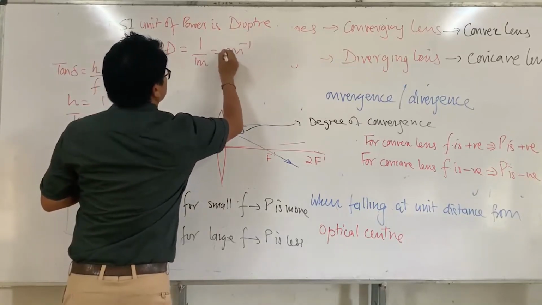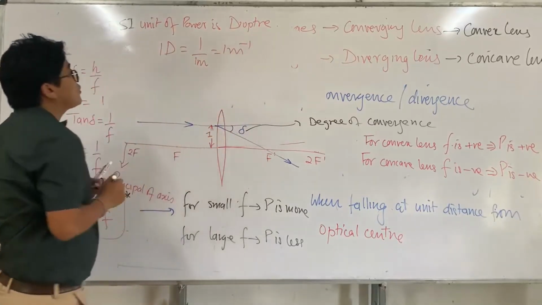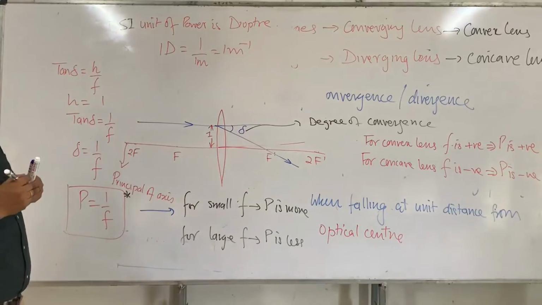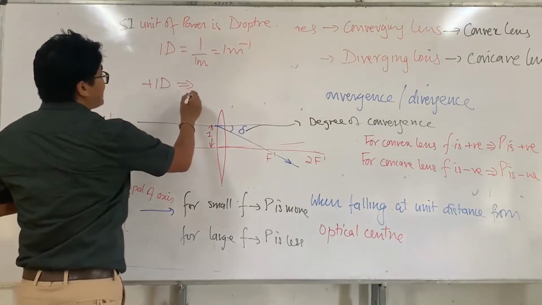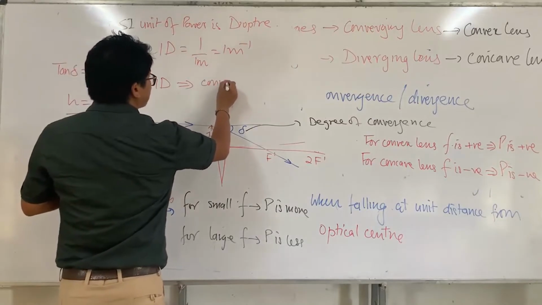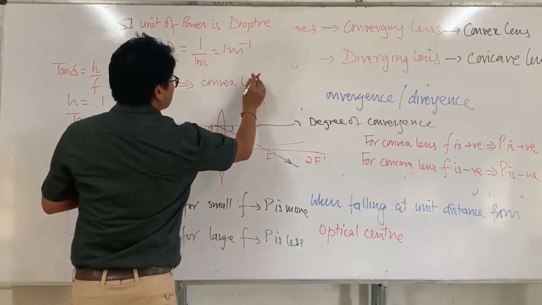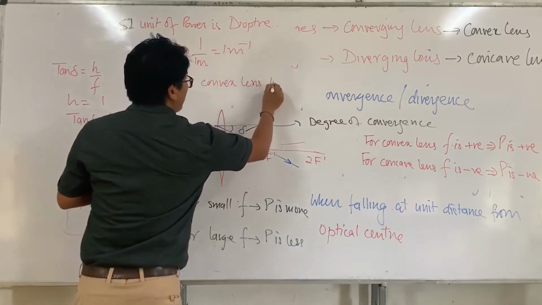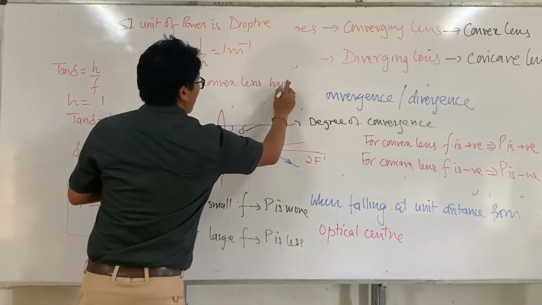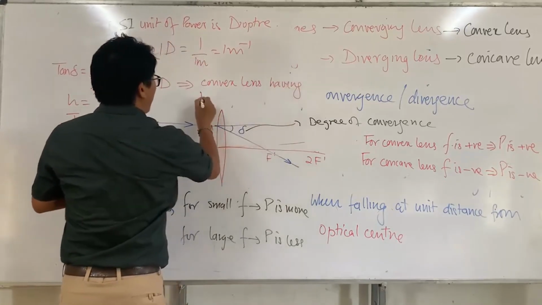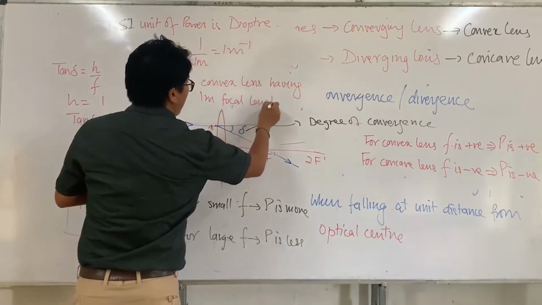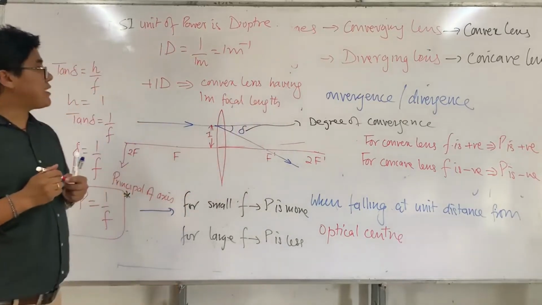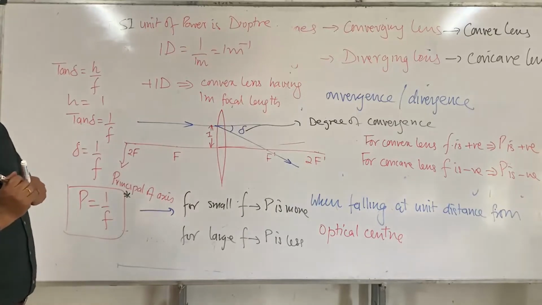This is what we call 1 per meter. So if I say the power of a lens is plus 1 D, which implies it is a convex lens having 1 meter focal length. Convex lens having 1 meter focal length.